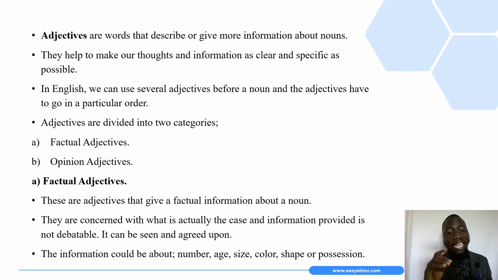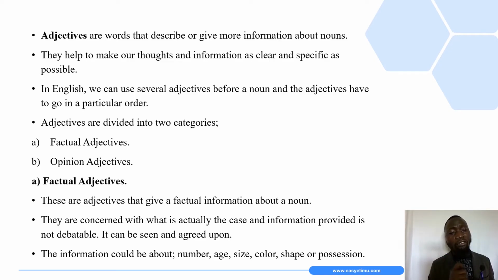The order of the adjectives must be followed, and we are going to find out more about that as we look at the two categories of adjectives. To introduce the two categories, we have factual adjectives and opinion adjectives.